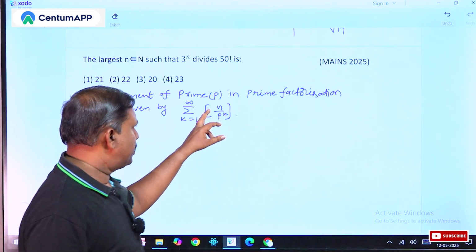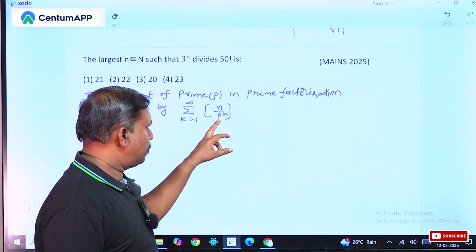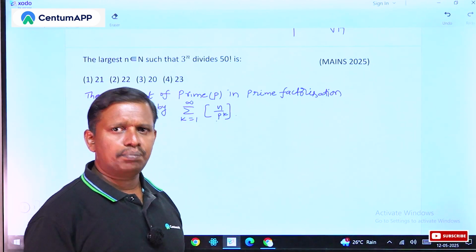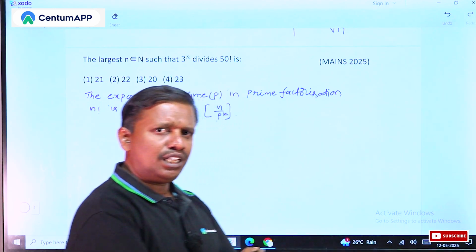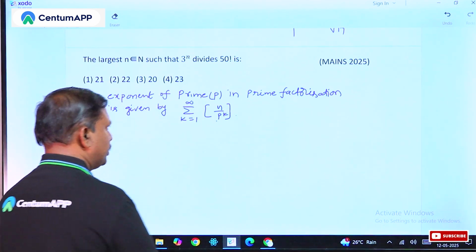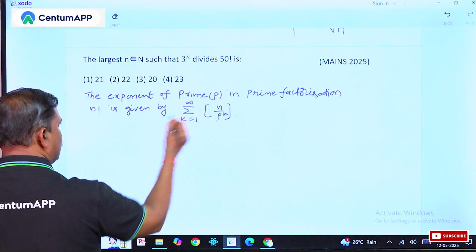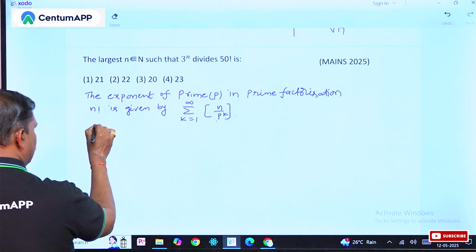Here the bracket represents the bracket function, another name being step function, also the floor function. Yes, what is the expansion of this?